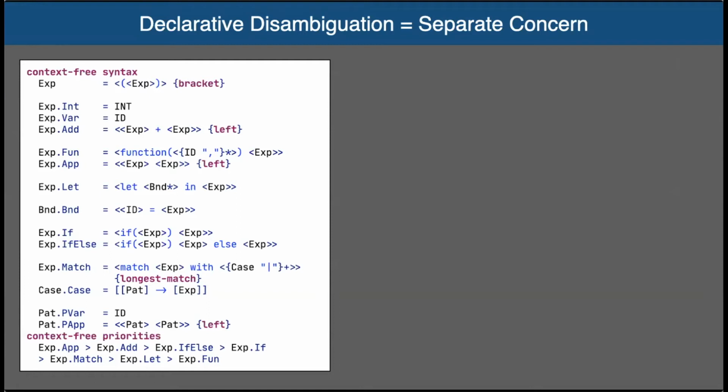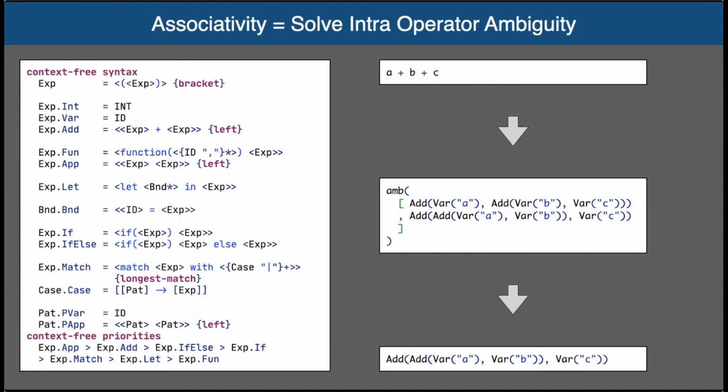Of course, you want a more efficient implementation where you implement these priorities in the parser, so that you only produce one possible tree. But that is of no concern to the user.